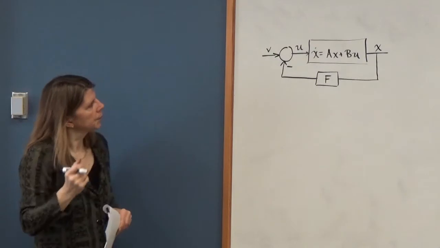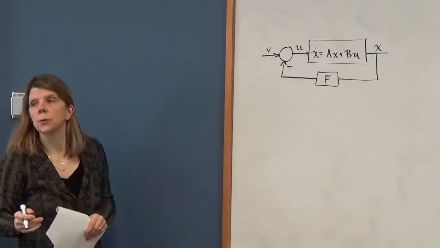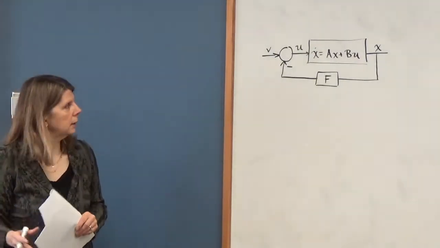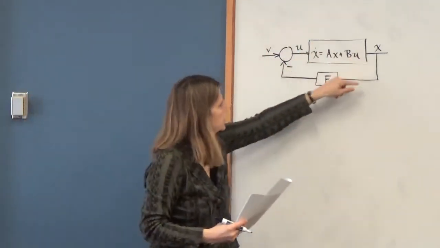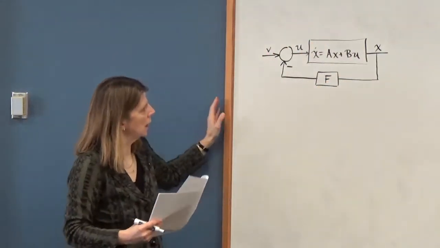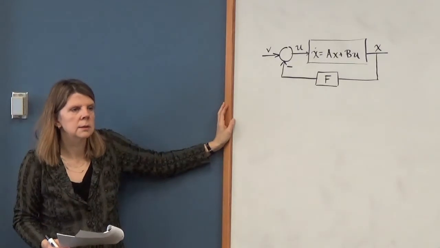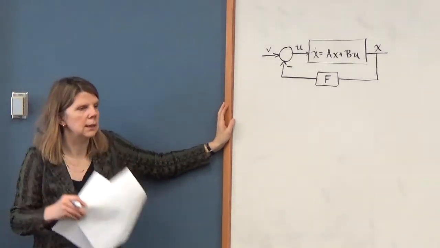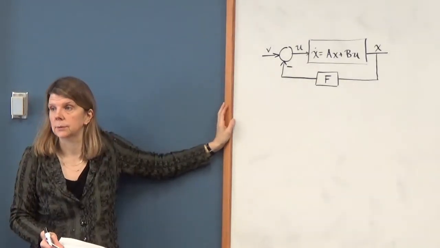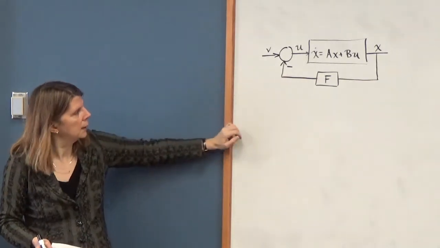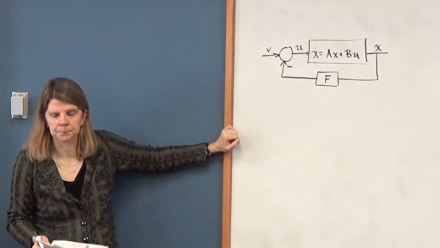Then I can choose the coefficients of F to get the eigenvalues of this new system anywhere I want if it's controllable, or in the left half plane if it's stabilizable. And that's just by looking at properties of A and B.